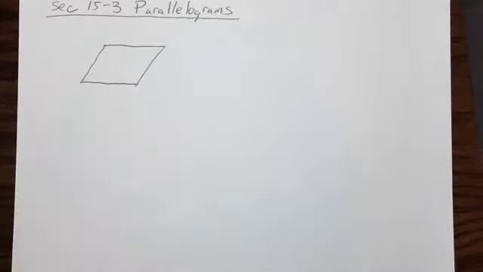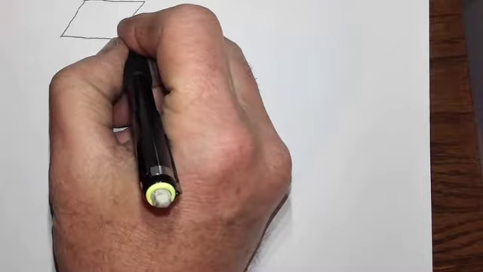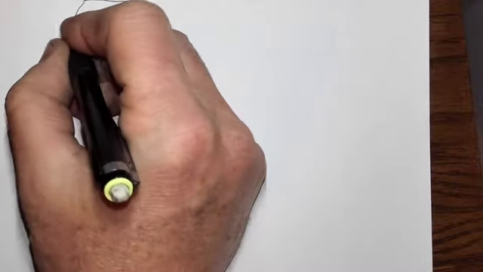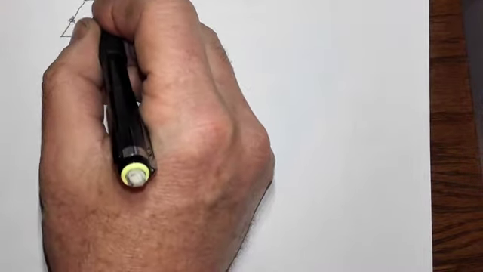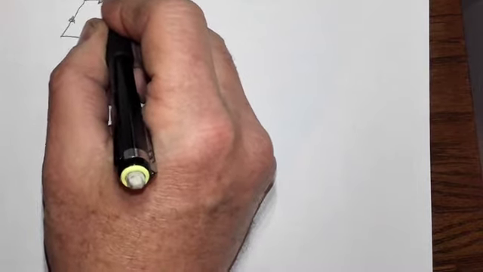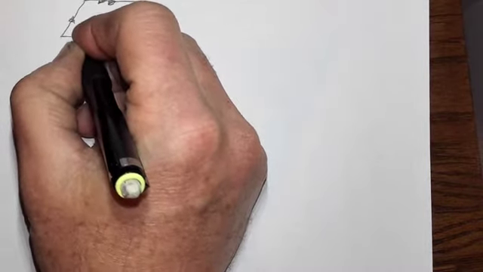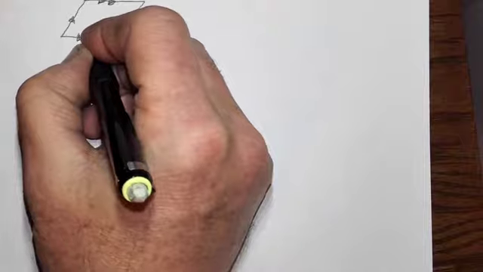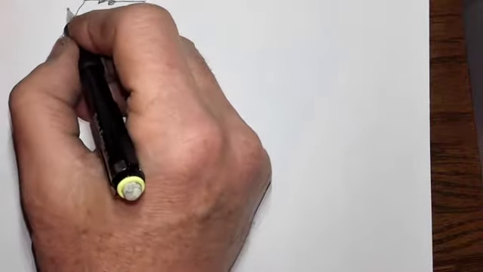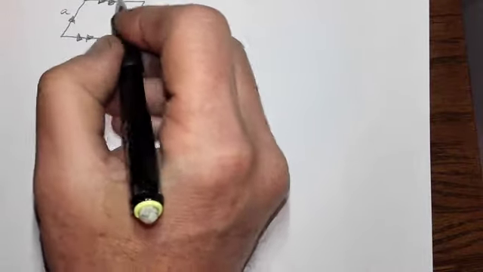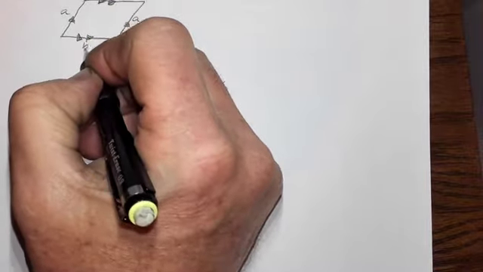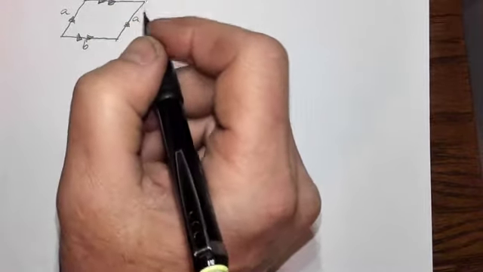If we look at our parallelogram, we know that the opposite sides are parallel, so this is parallel to this, and this is parallel to this. We also know that opposite sides are equal, so whatever this side is, this has to be the same. Likewise, these two sides have to be equal.